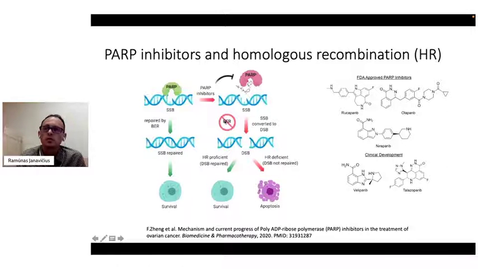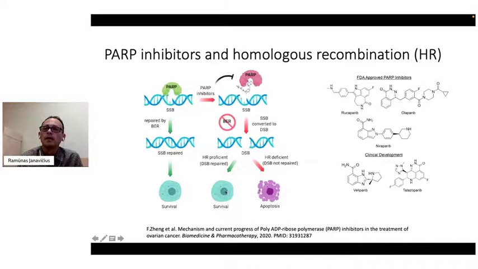However, cells which have one intact allele, for instance, normal cells with a germline single mutation, can repair these breaks and survive.